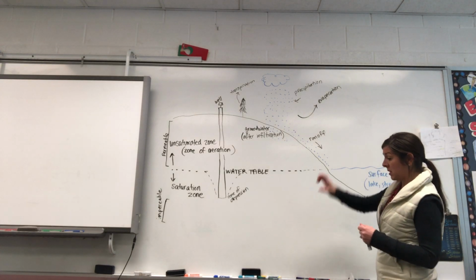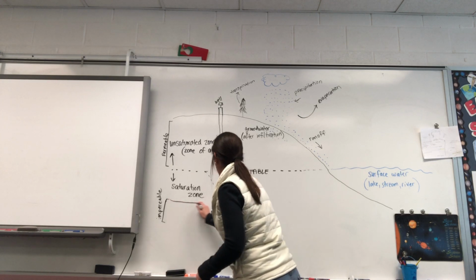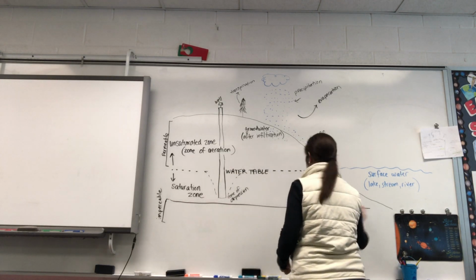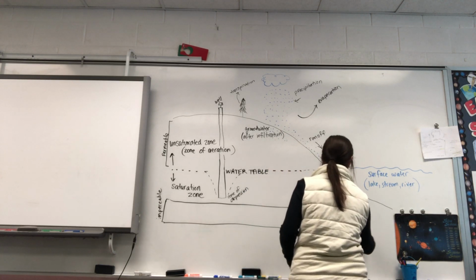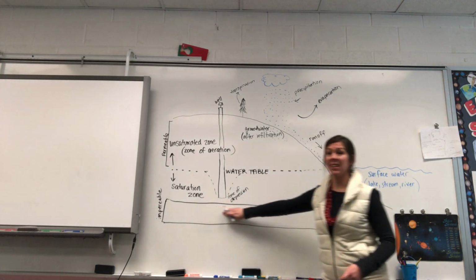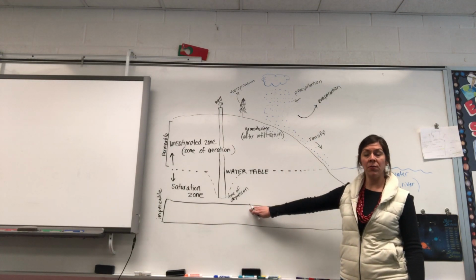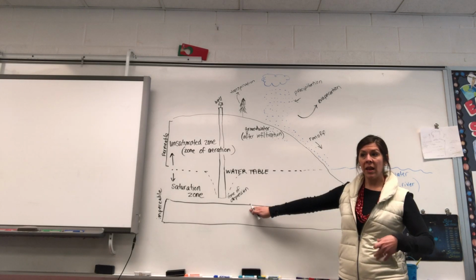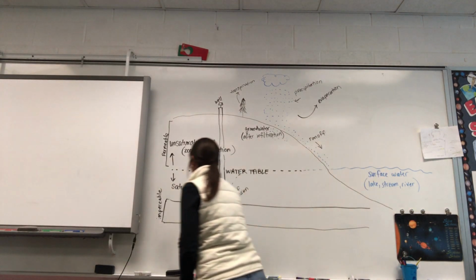What I may specify is, let's say this area along here, we're going to call this a layer of solid rock. It truly is impermeable. That solid rock, we've known from our soil lab, could also be called what? Bedrock. The bedrock.